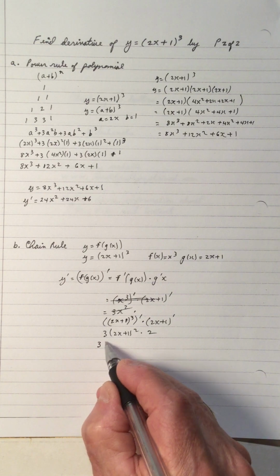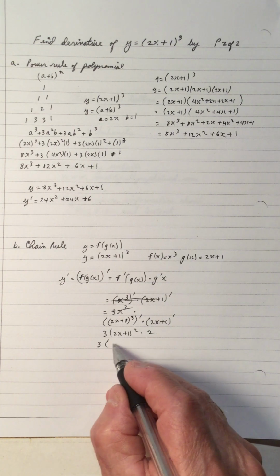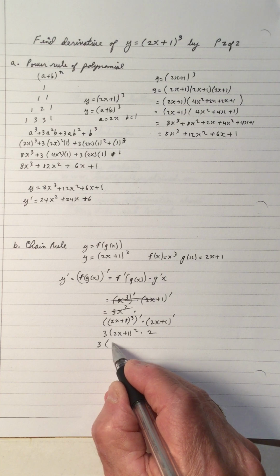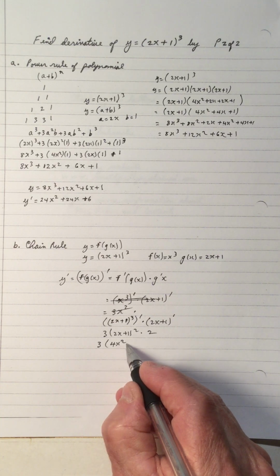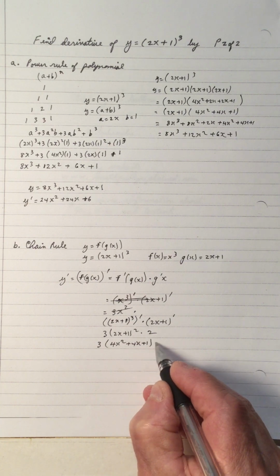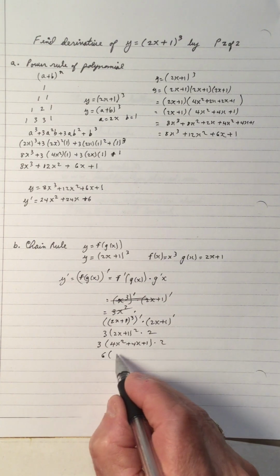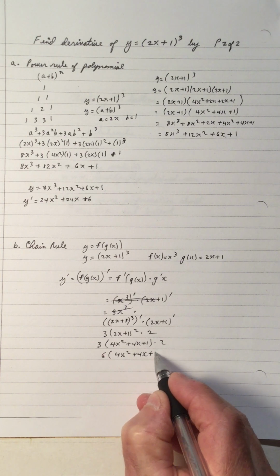So let's multiply that, and we could square this first if we want. We square this: 2x squared is 4x squared. Product is 2 times 1 is 2, doubled is 4x. Square of 1 is 1. So that gives us 6 times (4x squared plus 4x plus 1).